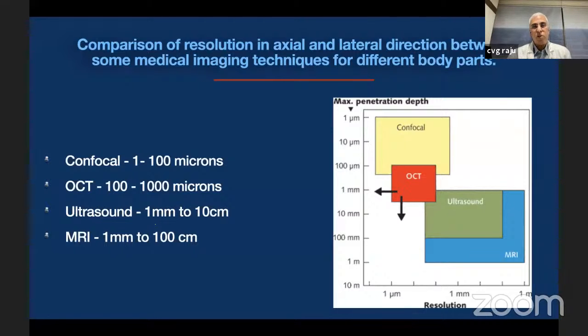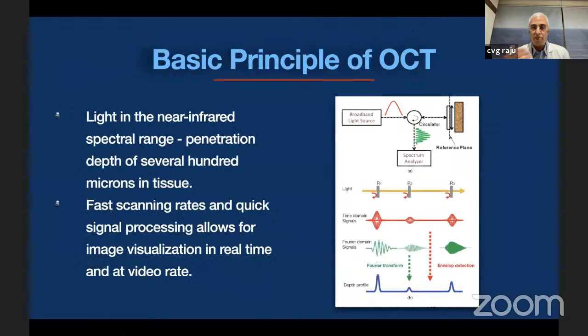Just to have an idea of the difference between confocal, OCT and the routinely used ultrasound and MRI: ultrasound is 1 mm to 10 centimeters and MRI is 1 mm to 100 centimeters. So OCT and confocal are like live biopsies where we can have micron level analysis.